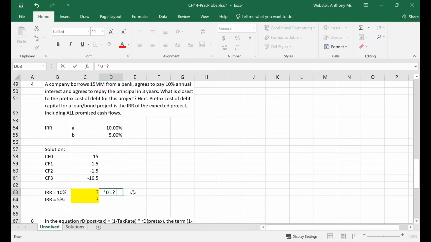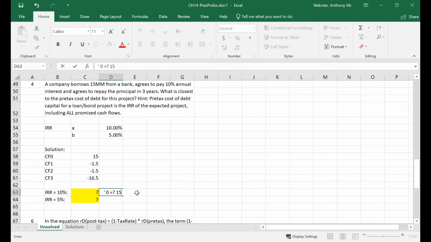Okay, so we want to see if 0 equals the present value of all these cash flows discounted at 10%, because that's our equation for the IRR, right? It's the NPV that makes the present value of all the cash flows equal to 0.